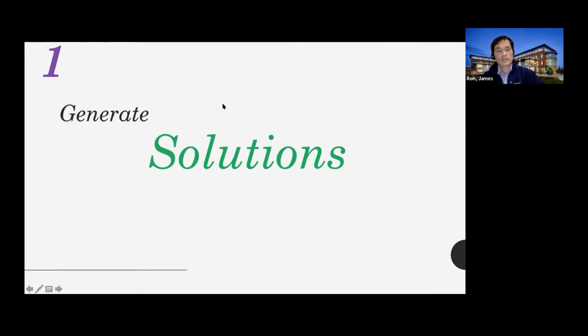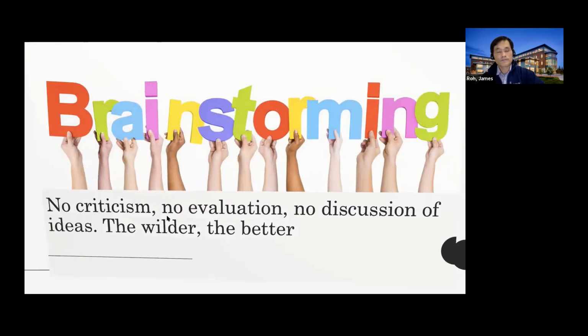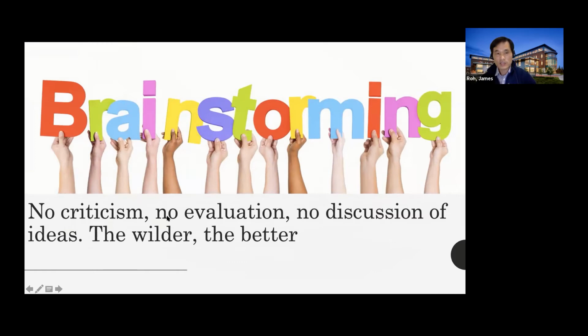So let's take a look at first at generating solutions. The first thing, or easiest thing, that we can do when you are making improvements for your process is brainstorming, right? When you are brainstorming, it's good to have various types of people.